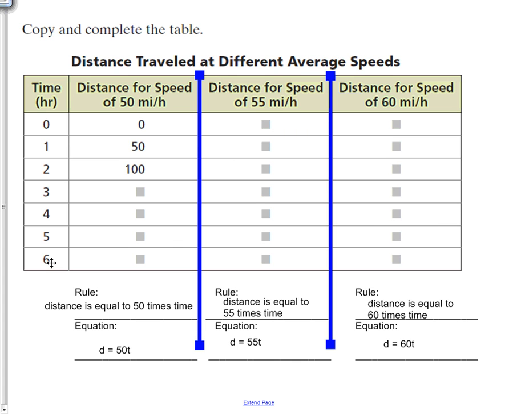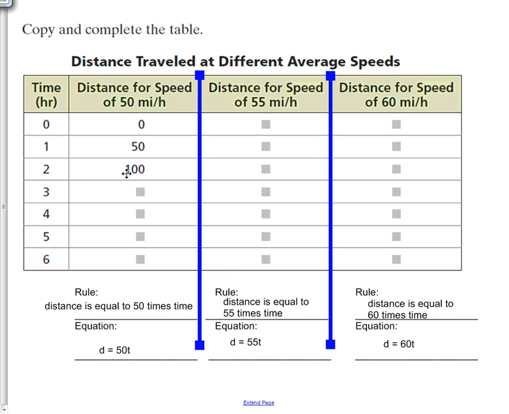That's going to go on our x-axis. All of these numbers are going to go on our y-axis. So if I traveled at 50 miles per hour for 0 hours, I'd go 0 miles. If I went 50 miles per hour for 1 hour, that's 50 miles. For 2 hours, that would be 100 miles.